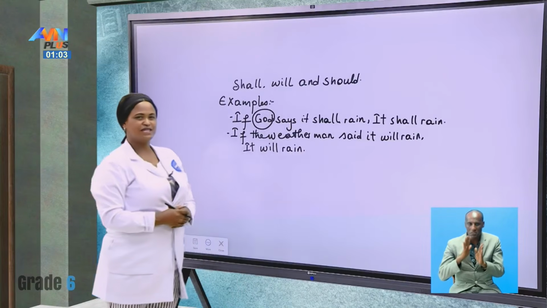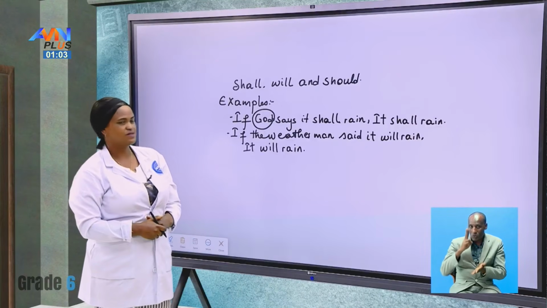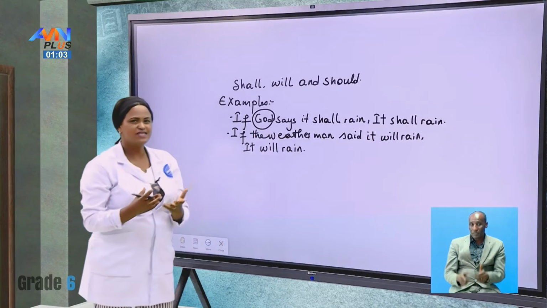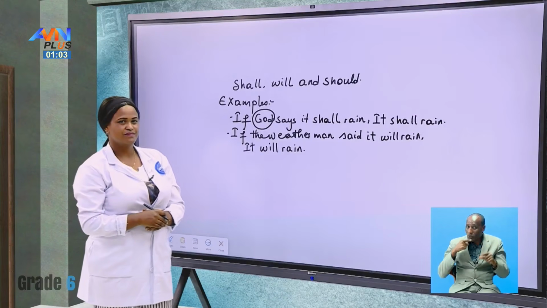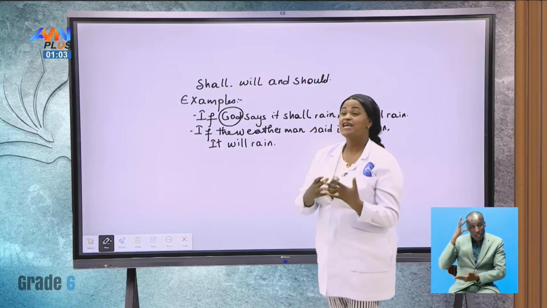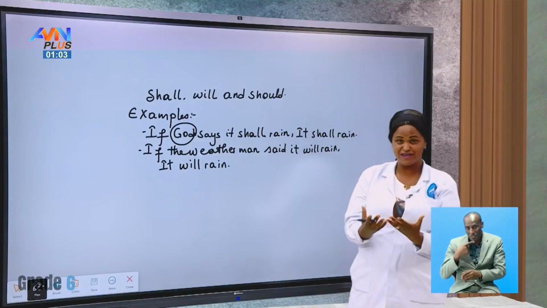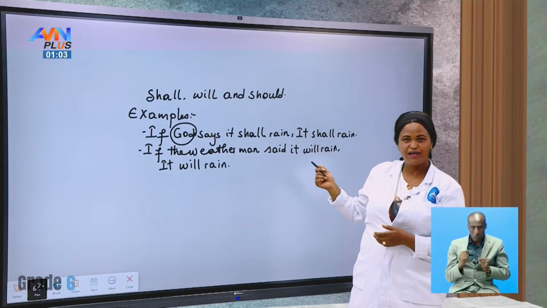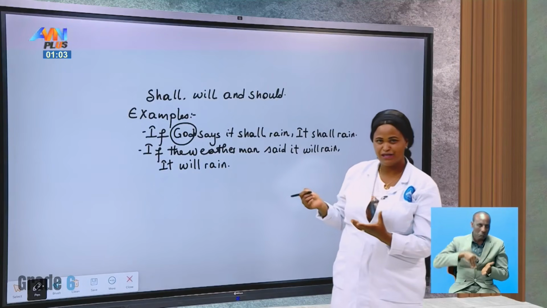What is the difference between these two sentences, just out of using will and shall? What do you understand? In the first sentence, what do we say? If God, the Creator, says it shall rain, then it shall rain. How is the possibility?